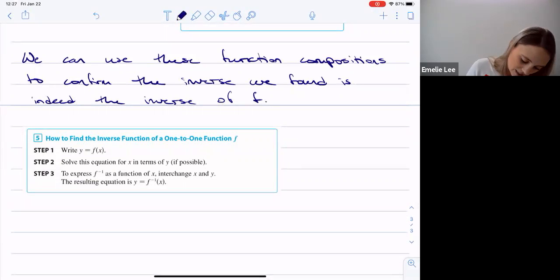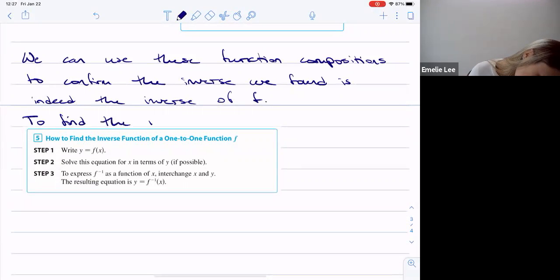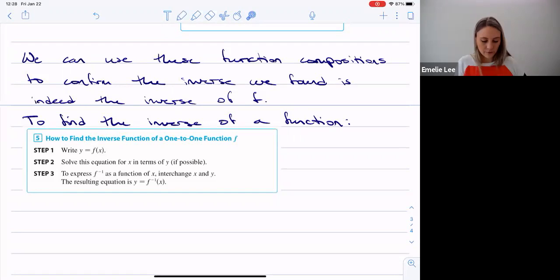So to find the inverse of a function, your first step is going to be, so you've got a function f of x that you need to find the inverse of. So you're going to write y equals that function. Okay?